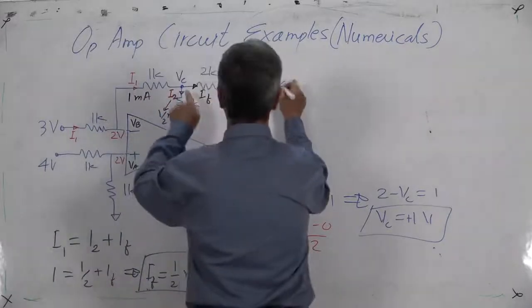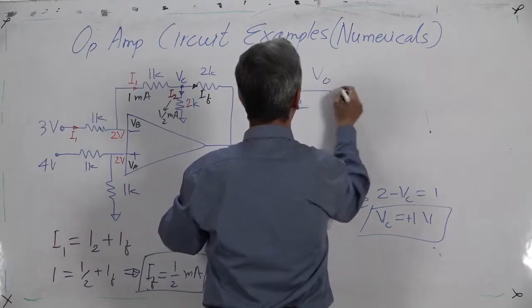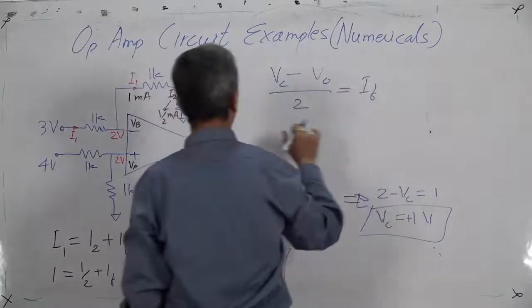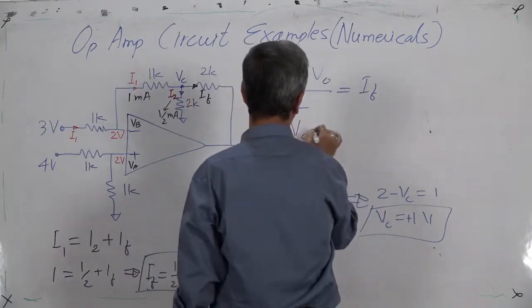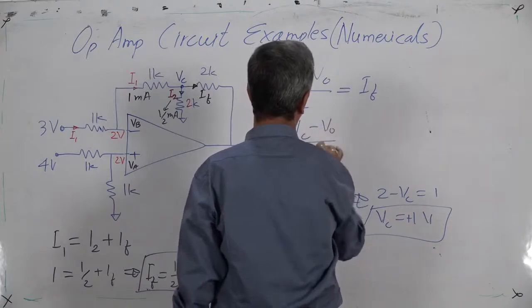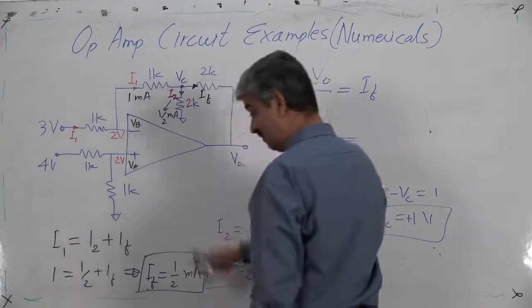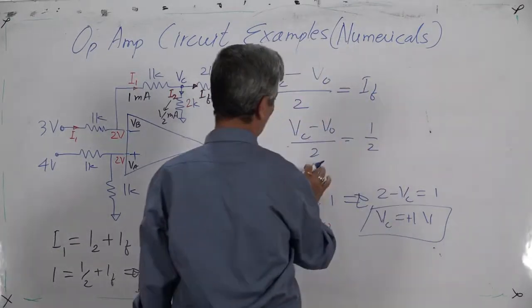VC minus VO upon 2 is equal to IF. But you know IF is half. This is 2 in kilo ohms, half in milliampere. So VC minus VO upon 2, this milliampere you assume, but don't again multiply by 0.001, is equal to half. VC minus VO is equal to half.